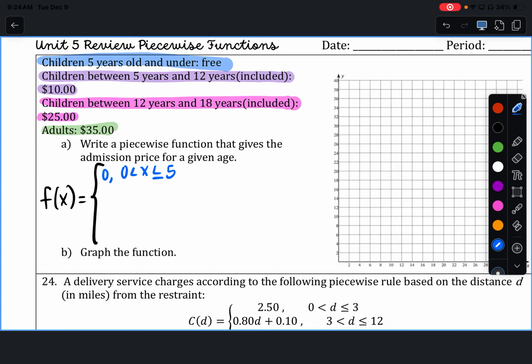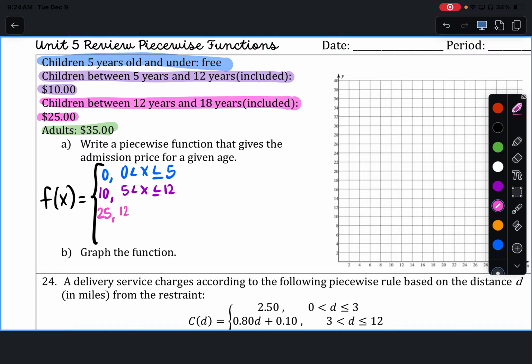Okay. Now, children between 5 and 12 are how much? 10. Okay, and that goes between 5 and 12. 12 is included, so it gets the or equal to. Okay. What about for children 12 and 18? How much is that? 25.